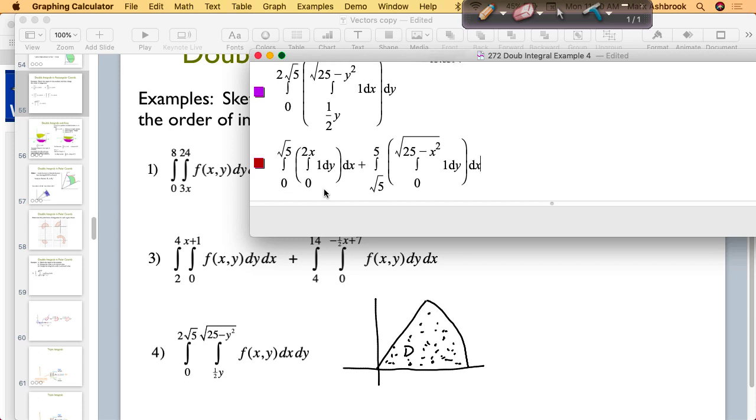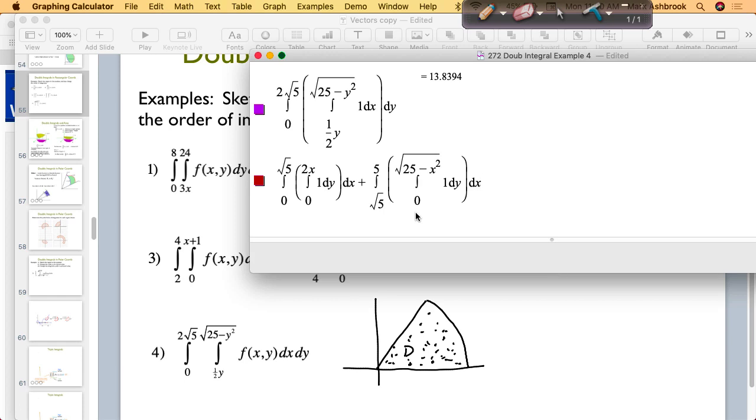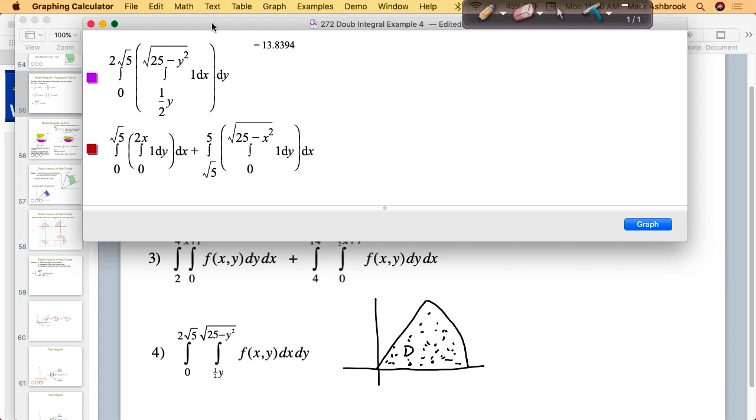No. So there's some keystroke typing thing that I did, but I think that's what we came up with last time. And that will give the exact same value. That will give 13.8394. For whatever reason it's not, but it should. If I went and retyped the whole thing, it would work. There's some space or some weird extra keystroke that we can't see. Doesn't make sense. So this would be 13.8394 as well.